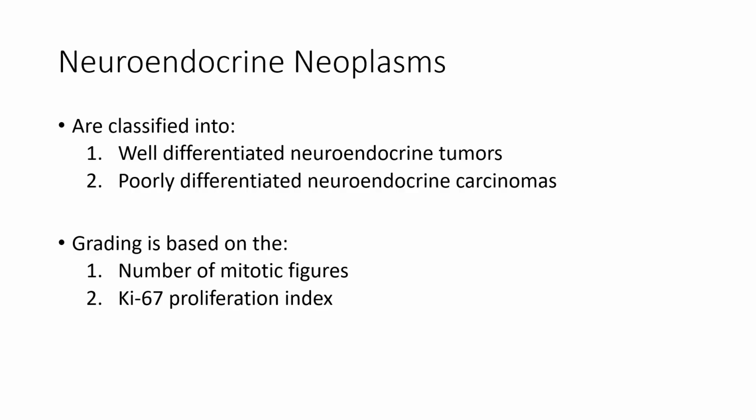Neuroendocrine neoplasms are also graded, and grade refers to the inherent biologic aggressiveness of the tumor. Grading is based on two main things: the number of mitotic figures and the Ki-67 proliferation index. The Ki-67 is an immunohistochemical stain that can be performed on tissue sections to assess proliferative activity.